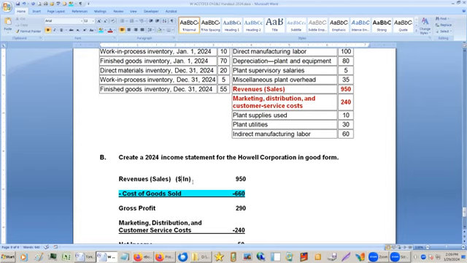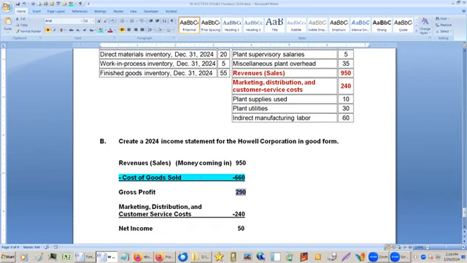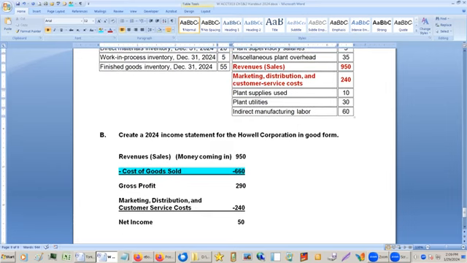It looks funny. It looks like an equation or something. So 950 came in. Cash, your accounts receivable, some kind of asset coming in. These are the assets going out. And this is how much we made on those sales. So on just the sales of those goods, we made 290. We still have some costs that are not related to manufacturing.